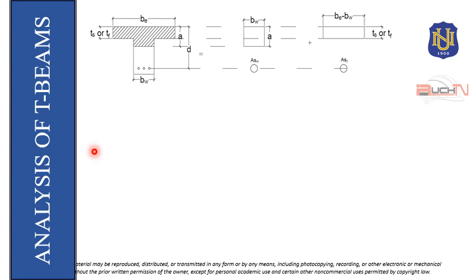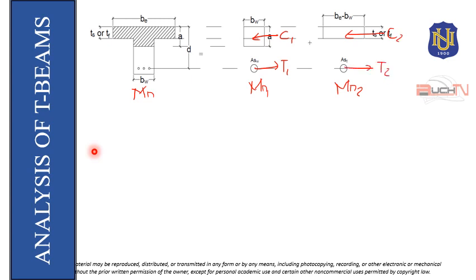These diagrams as well, pwede natin i-determine si nominal moment capacity. So, this is Mn1 ulit for Mn. Then, for Mn1, then Mn2. So, meron tayong C1, ito, T1, then this will be C2, and this will be T2.